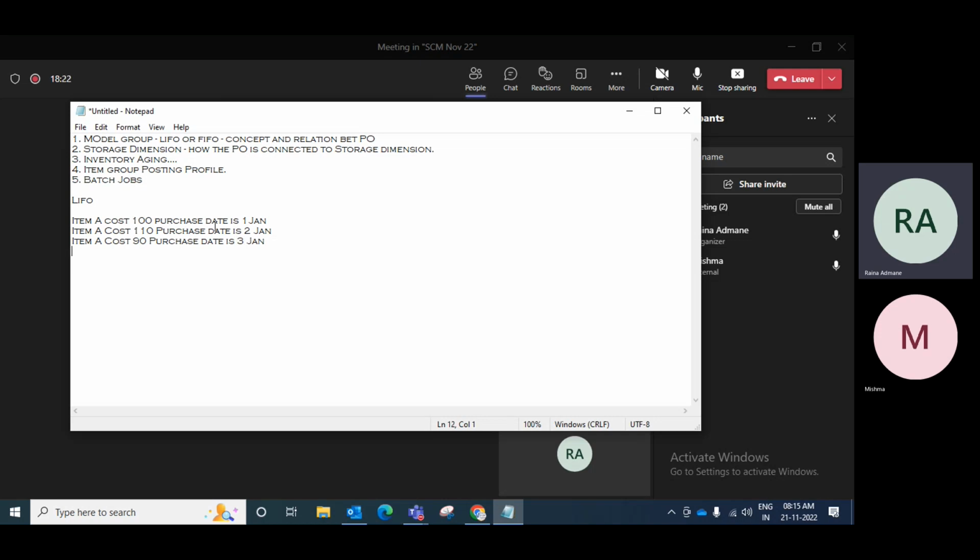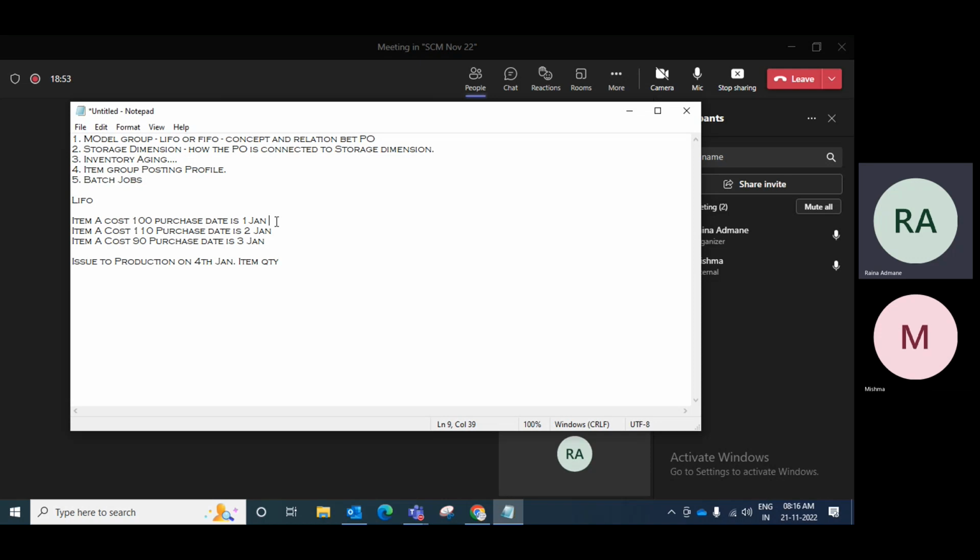Now, if you say LIFO, last in first out, suppose you are issuing on 4th, and item quantity, you purchase how much quantity we have not given.